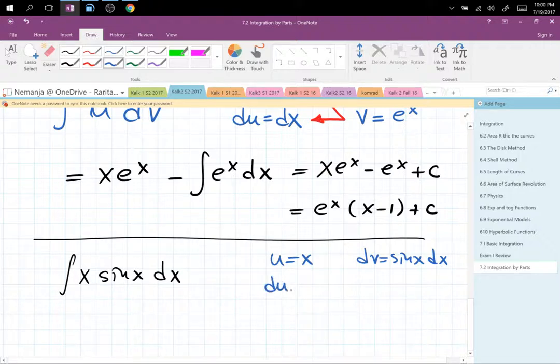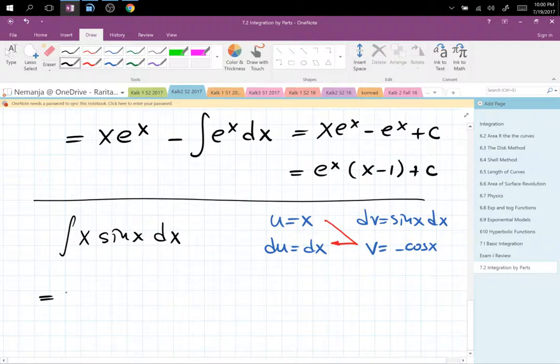We differentiate u, we integrate to get v. I hope you have this negative there. And then I like to put my arrow because that gives me the formula. So it's uv, which means negative x cosine x, minus the integral of negative cosine x dx. Now this negative makes the positive in front.